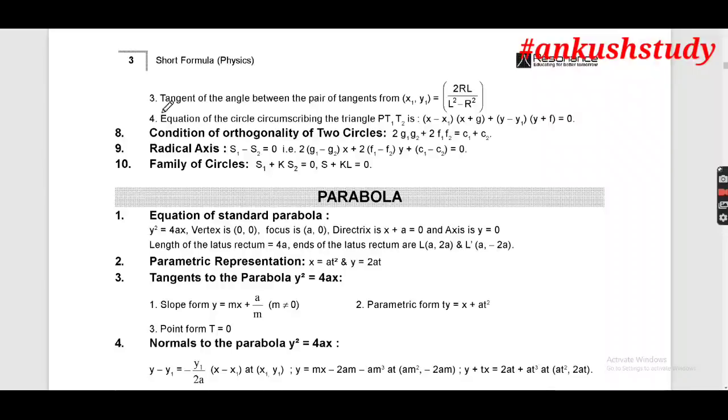Tangent of the angle between the pair of tangents from (x1, y1) is √(rl) upon (l² − r²).